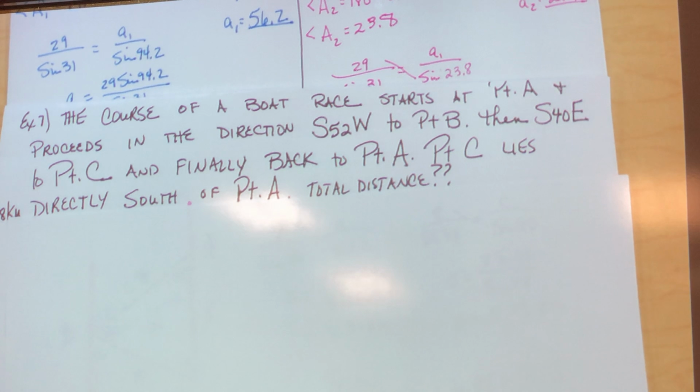You're gonna compare A and B. If A is smaller than B, then it's gonna have either zero triangles or two triangles. You're gonna have to find H, and if it's smaller than H, then it's zero.